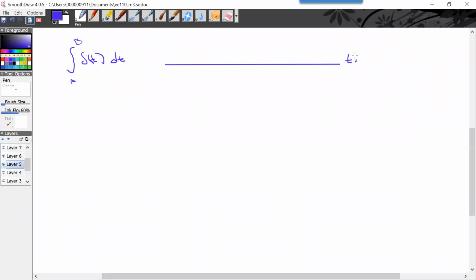So if I have time, and I have some limit A, and some limit B, then let's just give them values, +1, +5, and we'll draw our delta function and it's going to infinity at 3.